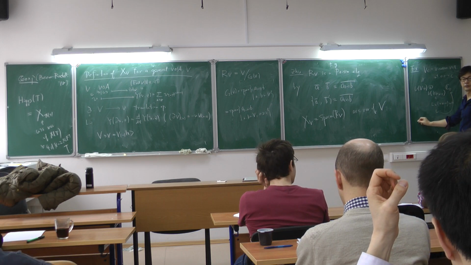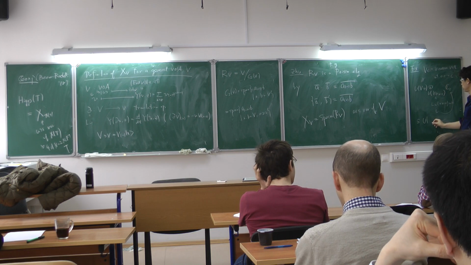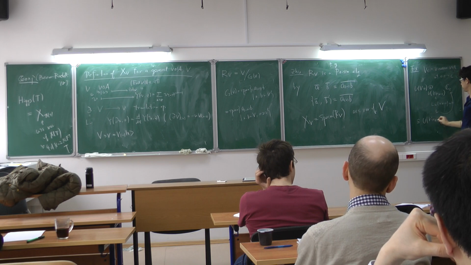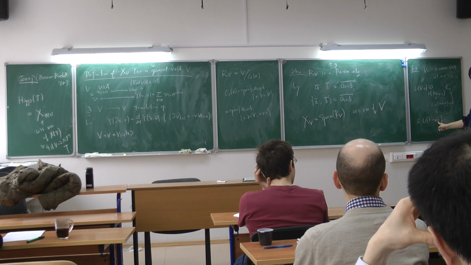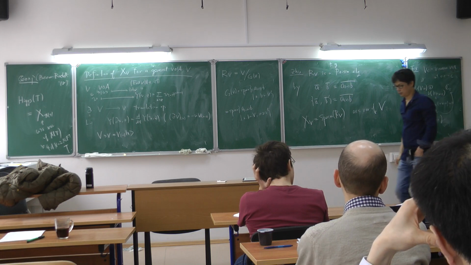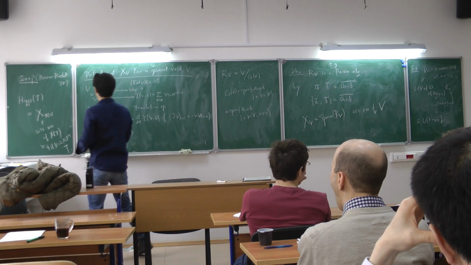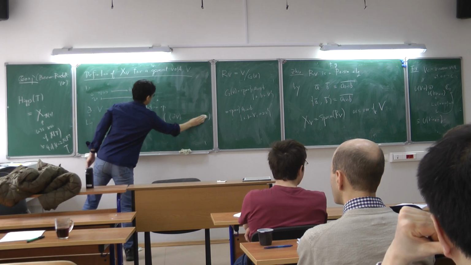So as a vector space, this is U of the Virasoro algebra spanned by elements which have index less or equal to -2. And this has the structure of a VOA.